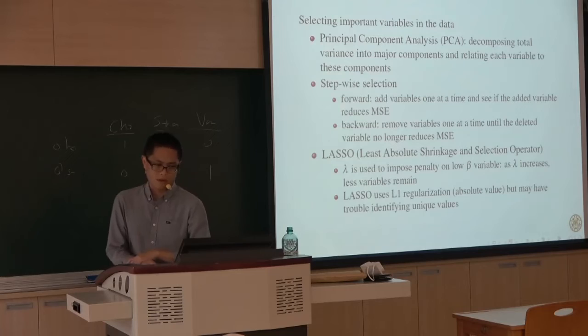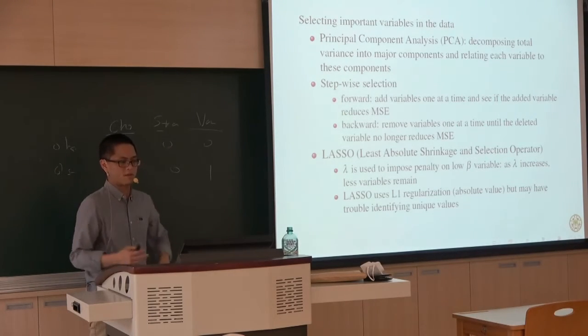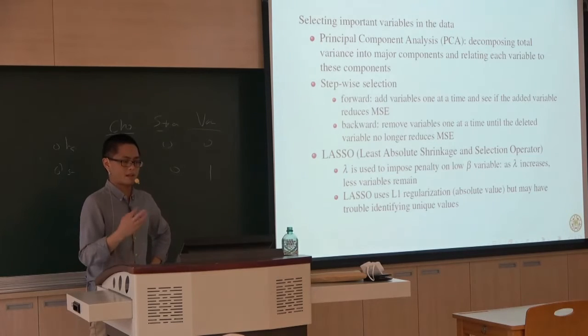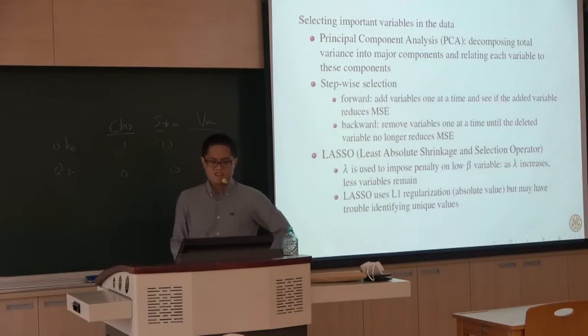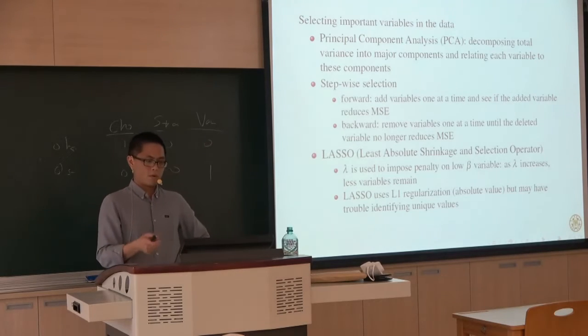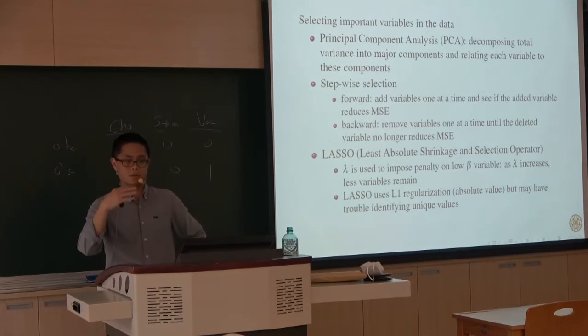So that's one way to do it. Or you can use the more traditional stepwise selection. For example, forward selection adds one variable at a time to see if the added variable reduces MSE compared to the previous model. Or use backward selection: you remove one variable at a time until deleting a variable no longer reduces MSE, which is the point where you should stop.